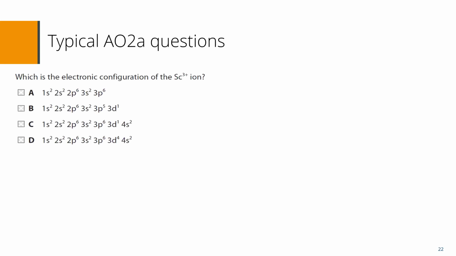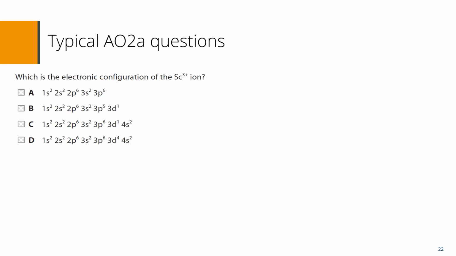AO2A, there's a typical question. What is the electronic structure of the scandium 3+ ion? Well, that is not a 'know' statement in the specification, but of course they do need to know the electronic configuration of the scandium atom, and therefore they need to know which 3 electrons are removed when you form the scandium 3+ ion.